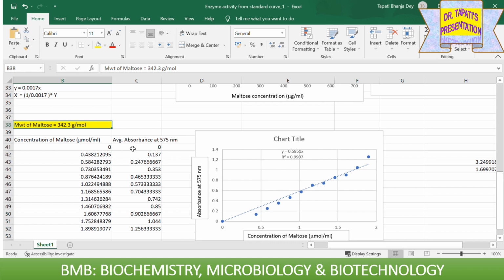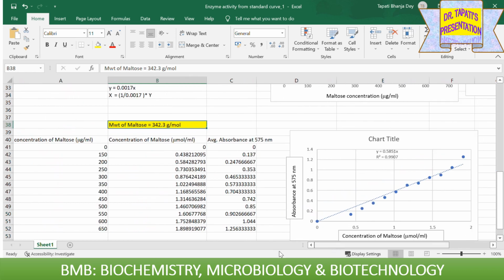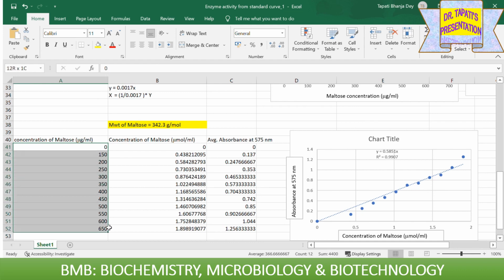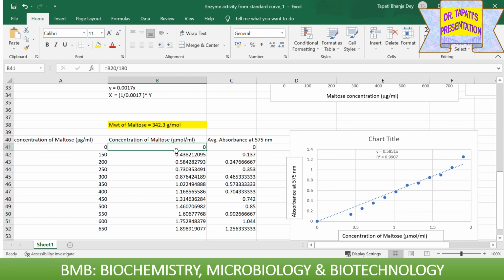So if we want to convert maltose concentration from microgram per ml to micromole per ml, these are the data for microgram per ml, and we have to convert these data into micromole per ml.